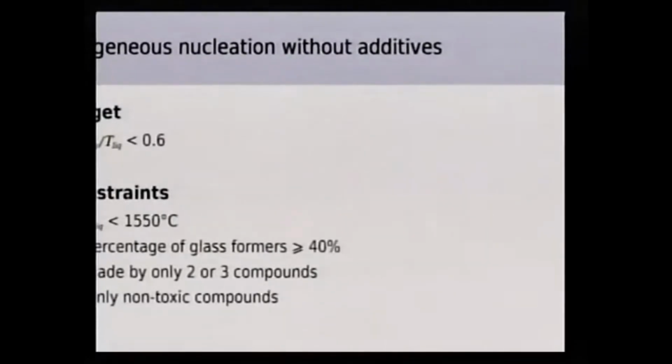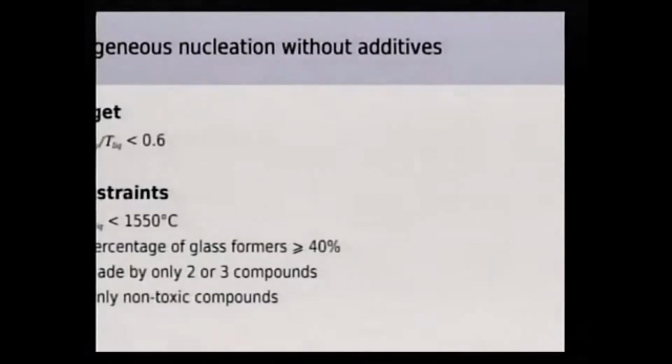In this test, we applied some extra constraints because we want to be able to melt this glass in our lab, and this is the melting limit of the furnace that we have. We want the composition to form a glass, so we penalize those compositions that do not have enough glass formers. Not all chemicals make a glass easily, right?